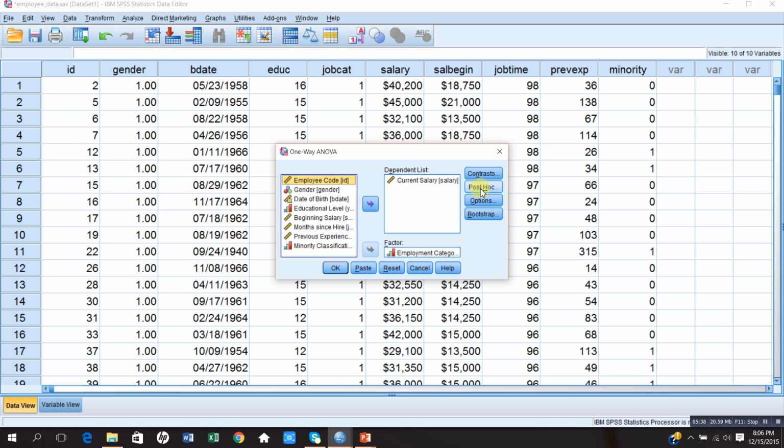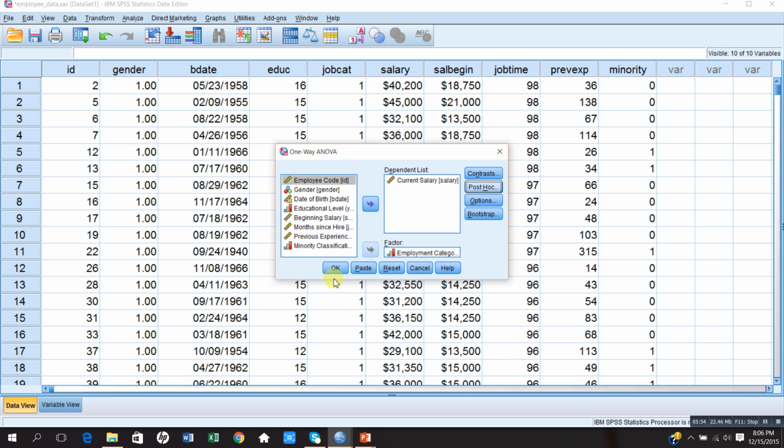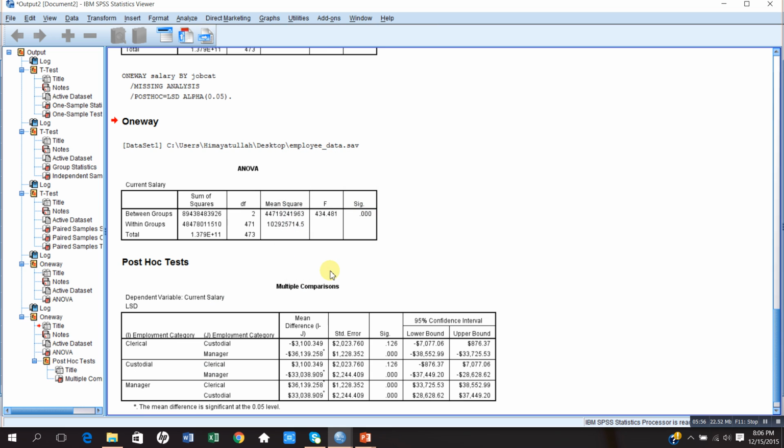This time I will click post hoc, and under post hoc I will check LSD, least significant difference, and the significance value is 0.05. I told you this is the predetermined level of significance. I will continue, press OK, and SPSS computes this for me.